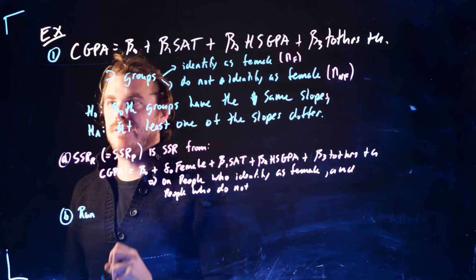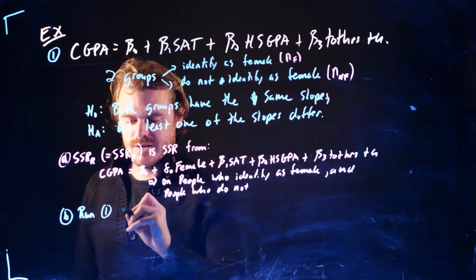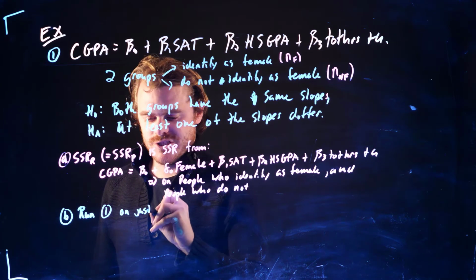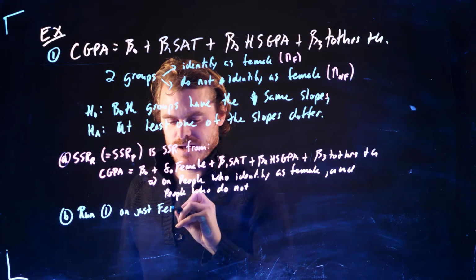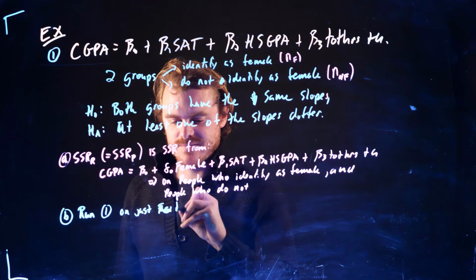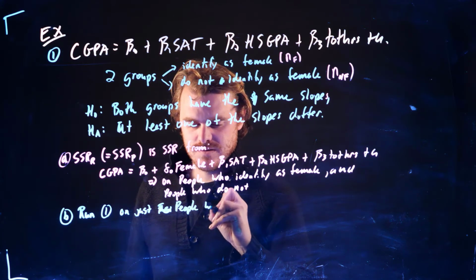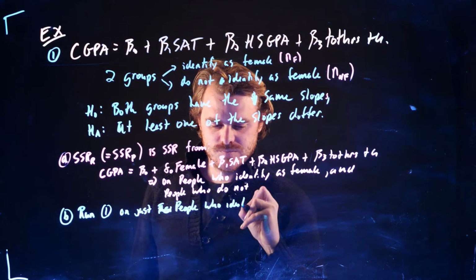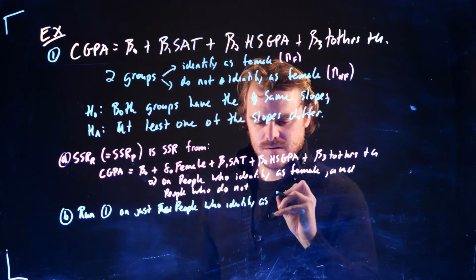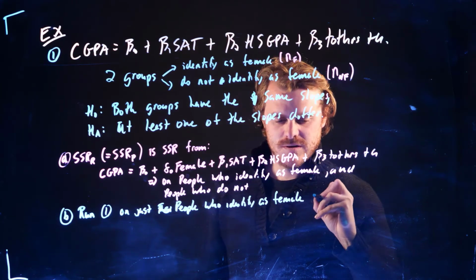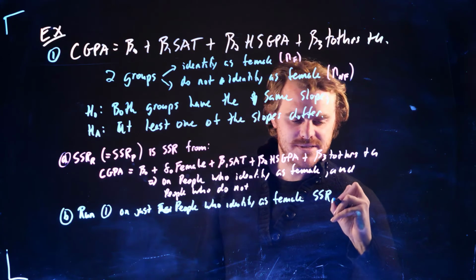Then we need to run regression 1 on just people who identify as female. So that's one of our SSRs, so SSR_0.